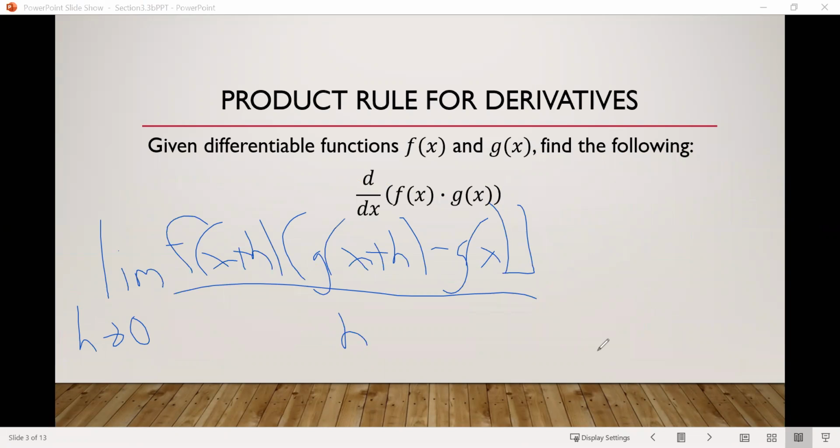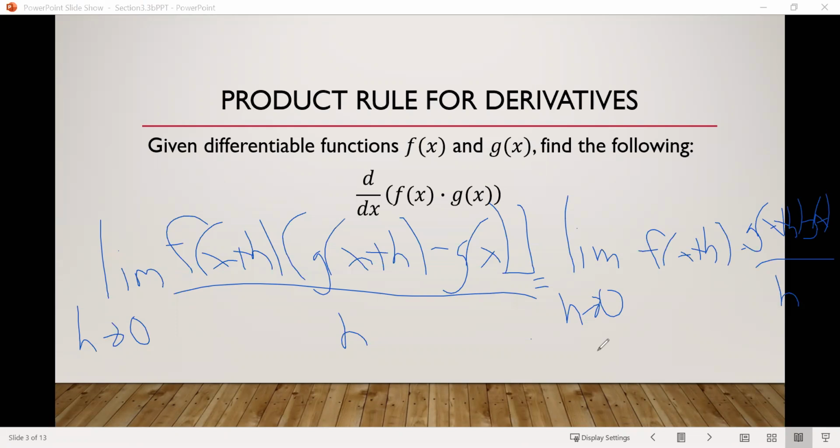And first of all, notice this fraction we have here, the f of x plus h times that stuff. Well, another way you can write that is the limit as h approaches 0 of just f of x plus h times the other stuff, the g of x plus h minus g of x all over h.